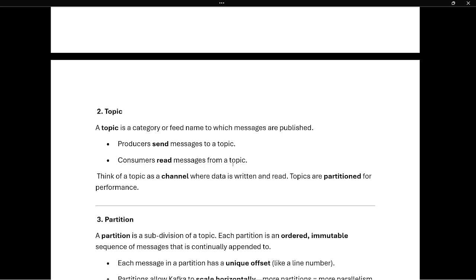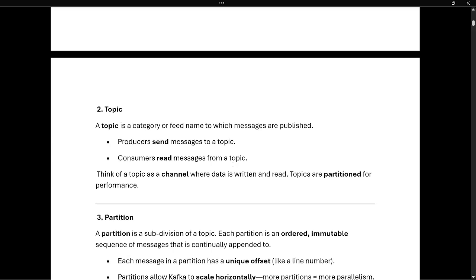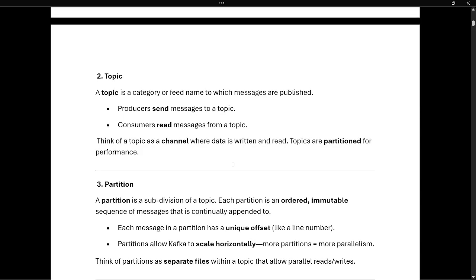Each partition is an ordered, immutable sequence of messages that is continually appended to. We will understand this with pictorial representations: how there is a topic, what the partitions are, and under partitions, how the offsets are calculated. We will see that in the upcoming questions.